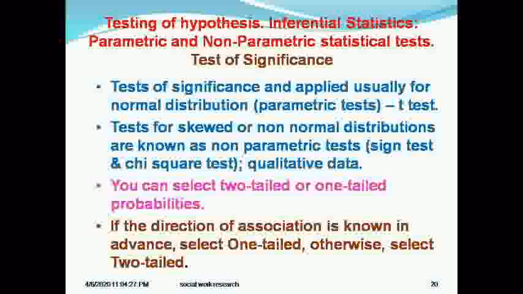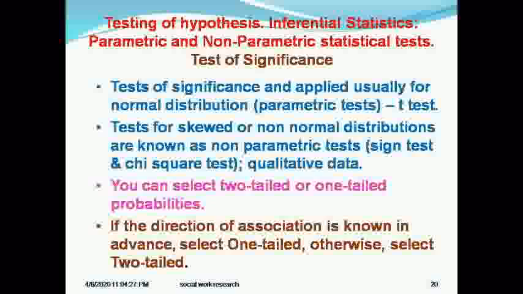Tests of skewed or non-normal distribution are known as non-parametric tests. Examples are sign test and chi-square test.